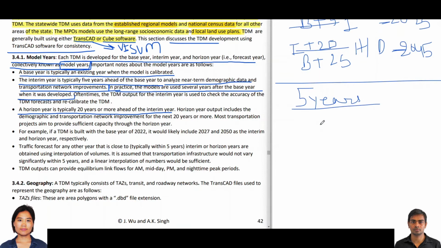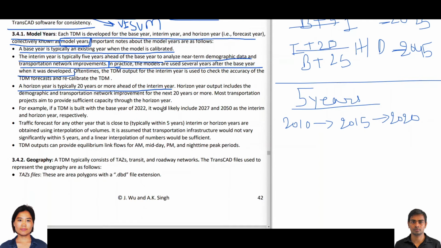Usually models are calibrated for the 5-year increment. Some models are released in 2010, then the next release comes with the calibration of 2015, then the next release comes with the calibration in 2020. So usually there is a 5-year gap and all the years get plus 5.